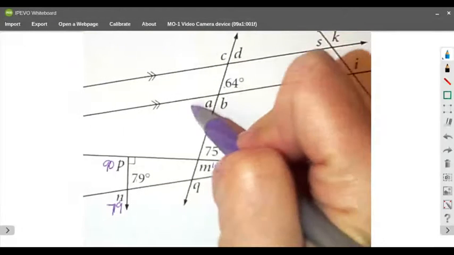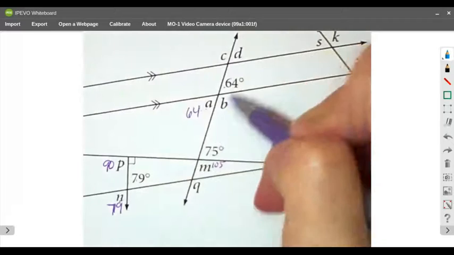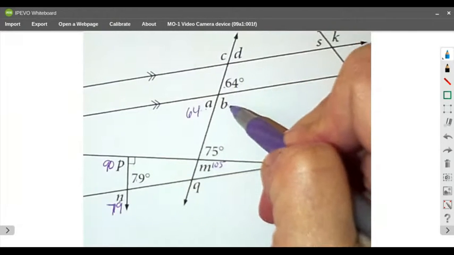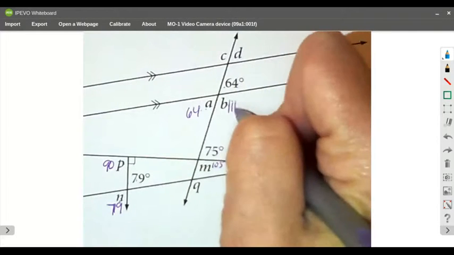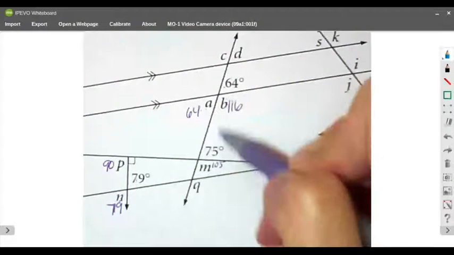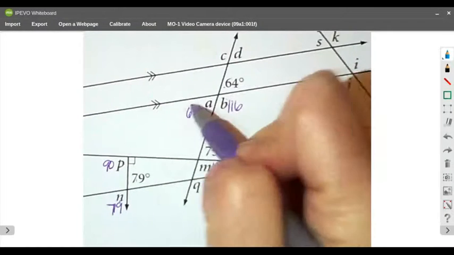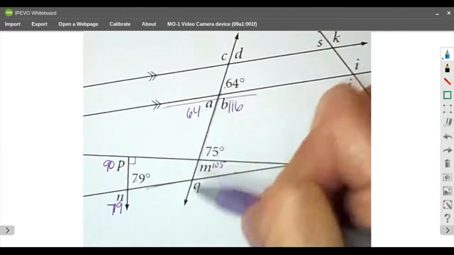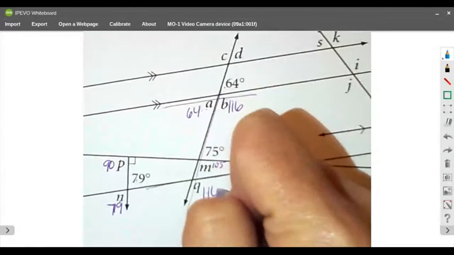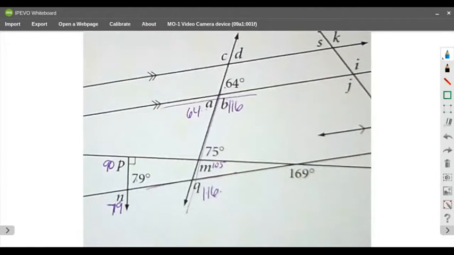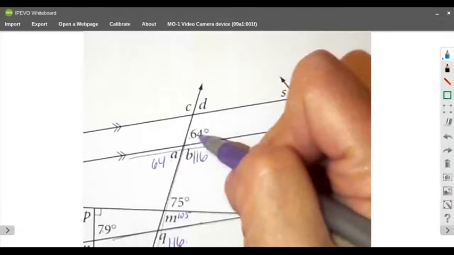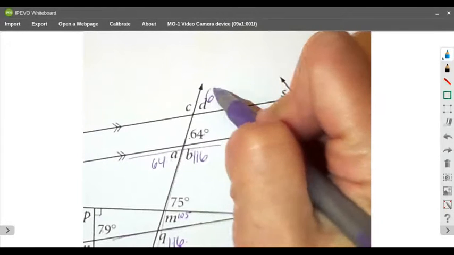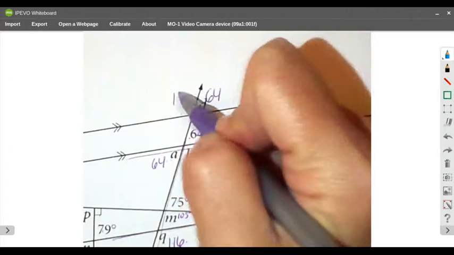A is vertical to 64. B and 64 make a linear pair, so that's 116. Notice B and Q are corresponding. So there's this line, this transversal. So Q is also 116. If we come up here, 64 and D are corresponding, and then these are a linear pair.